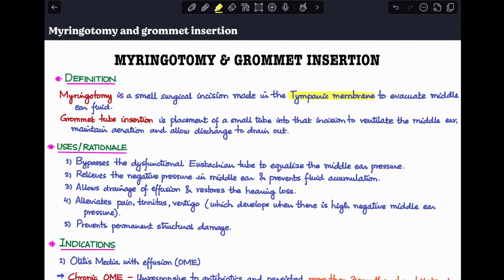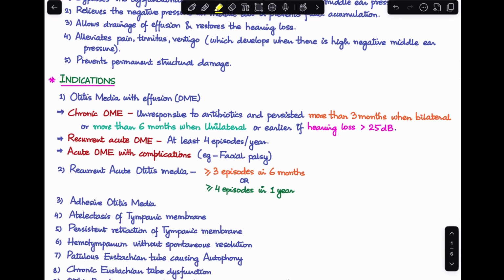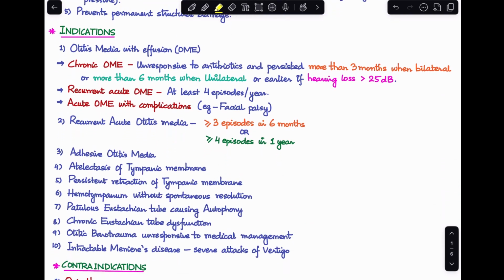So these are the reasons why myringotomy and Grommet insertion is massively going to help a case of eustachian tube dysfunction. Now, let's talk about the indications of this surgery. First of all, as I mentioned, our primary indication is otitis media with effusion, or OME. Can you tell me what are the other names that OME is known by?